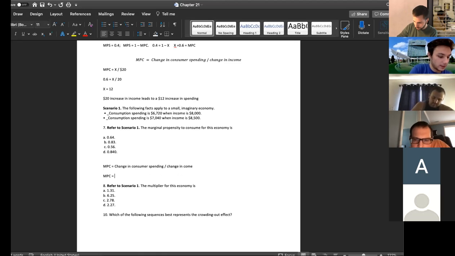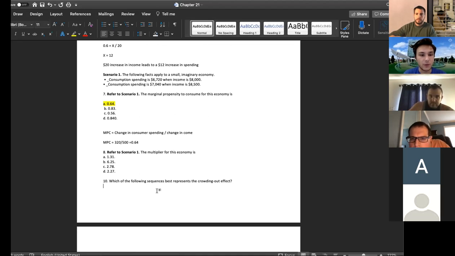I'll just go into a calculator real quick. If anybody already had that calculated out, 6740 minus 6420, that's going to be 320, divided by 500. If we do that out, it's going to be 0.64. So that's going to be our marginal propensity to consume.